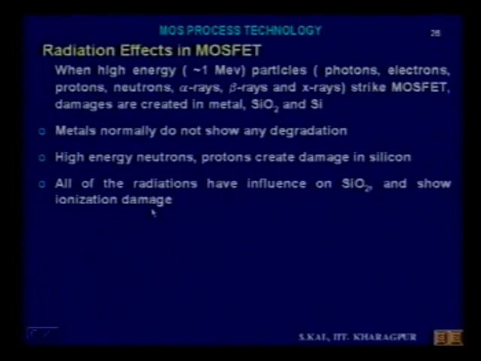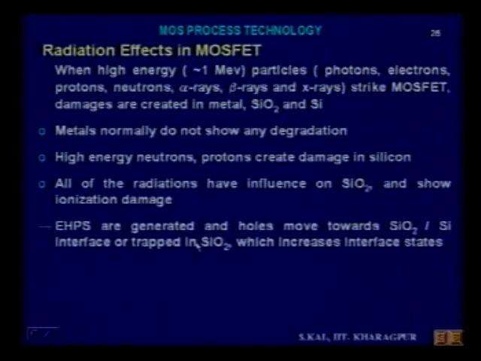These are ionization damage, because if they damage silicon as well as oxide, the threshold voltage will change. EHPs, electron hole pairs, are generated, and holes move towards the SiO2 and Si interface or are trapped in SiO2, which increases interface states.